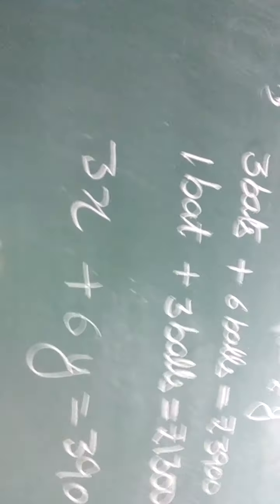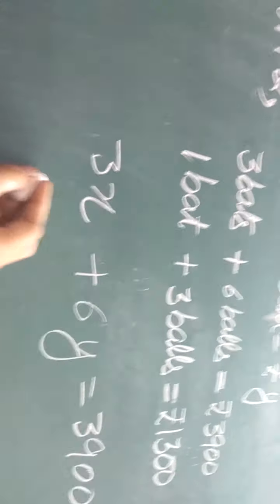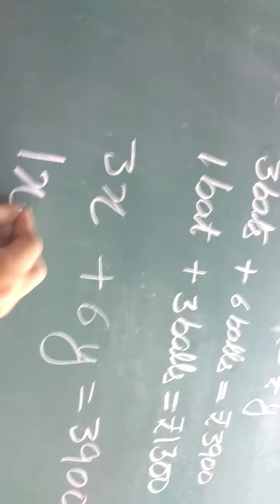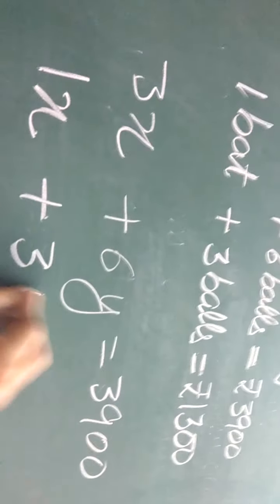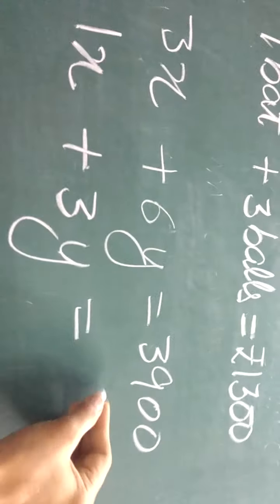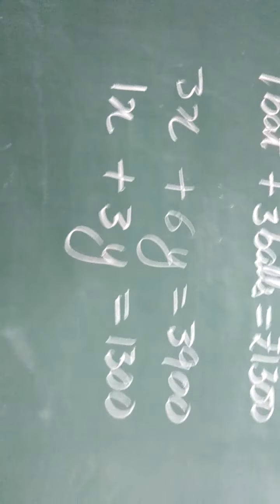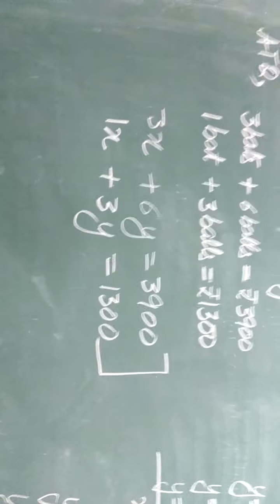Similarly in the second equation, the cost of 1 bat is X rupees, so 1x plus 3y is equal to 1300 rupees. Is it clear to you? So these are the 2 equations in 2 variables.